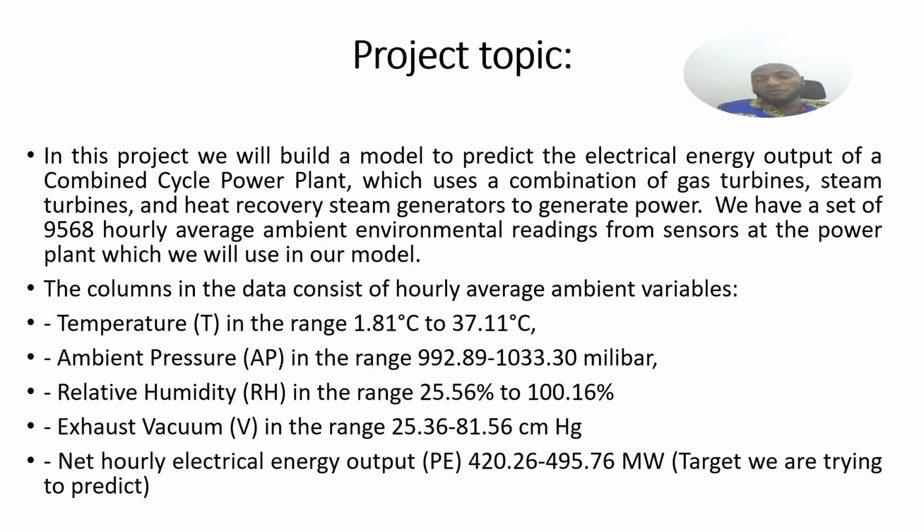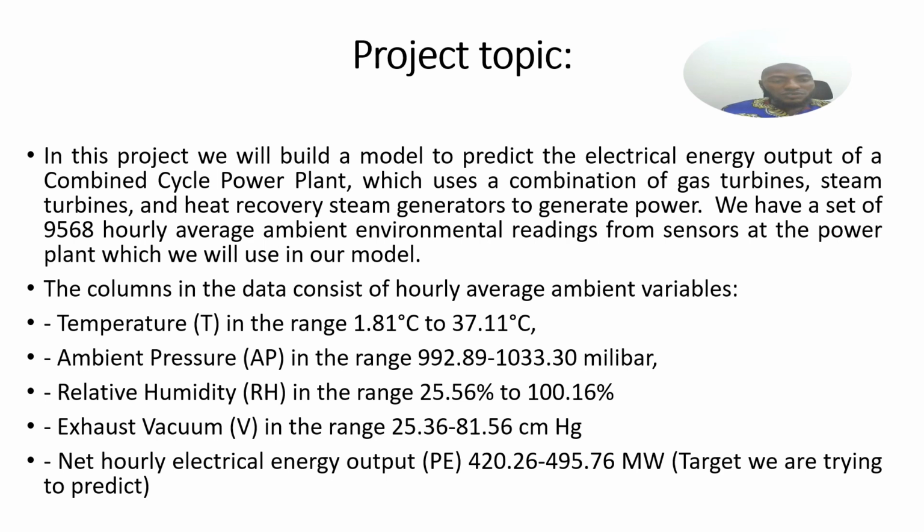We have a set of 9,568 hourly average ambient environmental readings from sensors at the power plant, which we will use in our model. The columns in the data set consist of hourly average ambient variables as shown below.